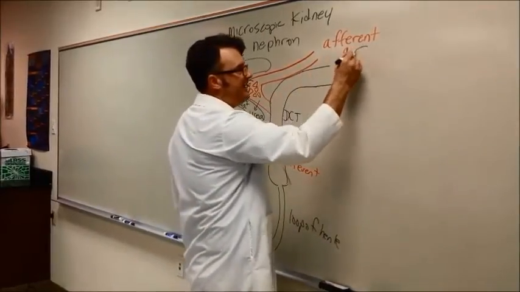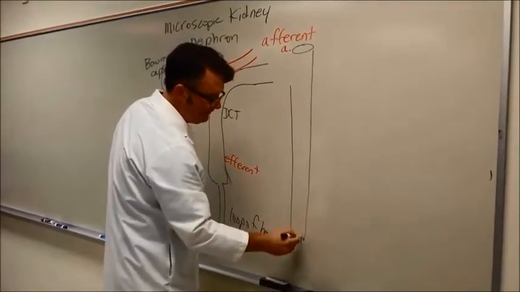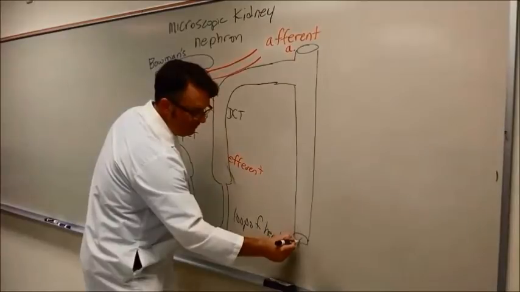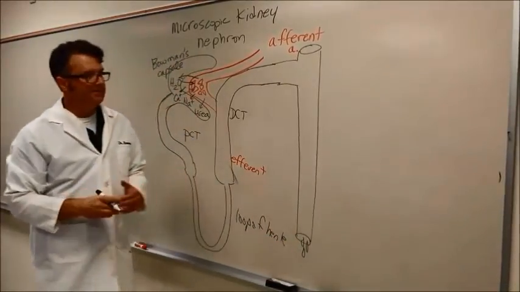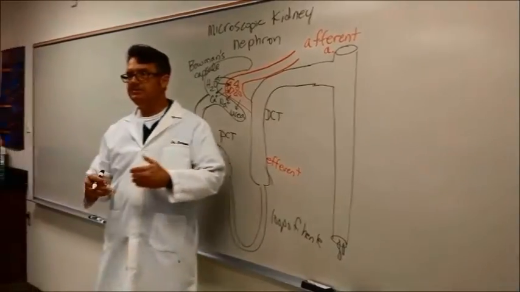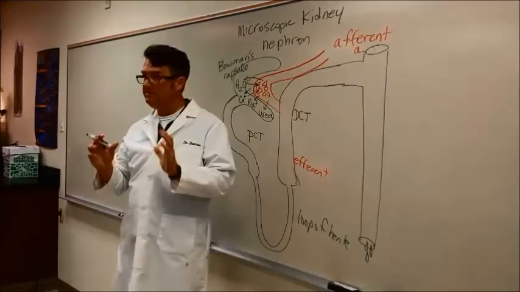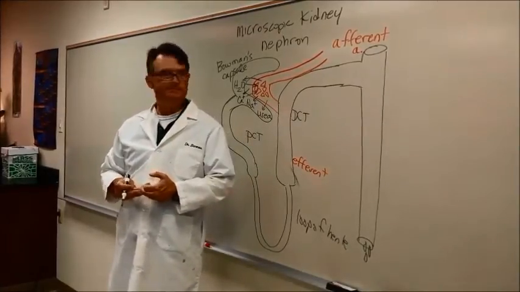This will empty into a collecting duct over here. And then this will be, in the end, the formed urine that collects in the renal pelvis and goes to the ureters down to the bladder, and you hold it there until you decide that it's time to let it go, to urinate.